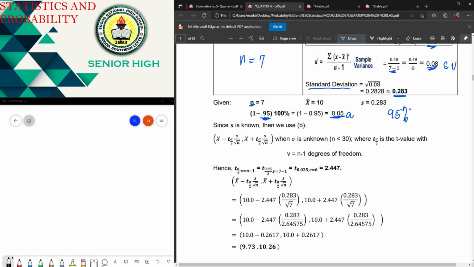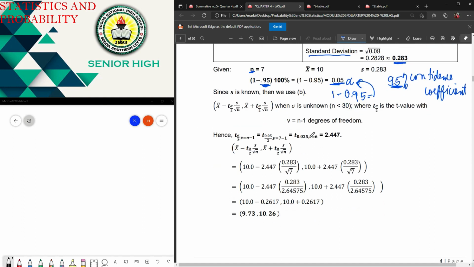That is what you call the confidence coefficient. And if we are going to get the alpha, just subtract it from 1. Translate that 1 into decimal point, so you have 0.95. Then you have now your alpha, which is 0.05.